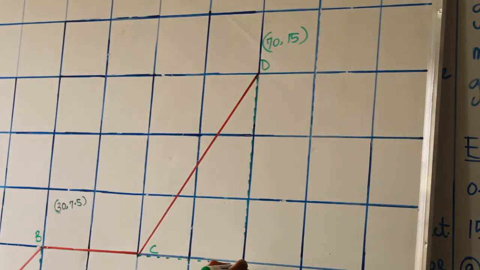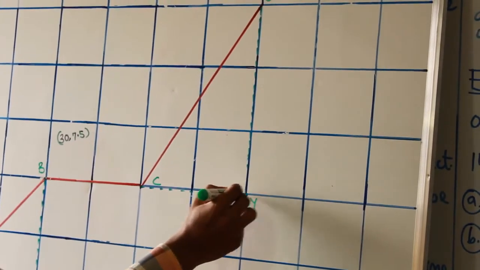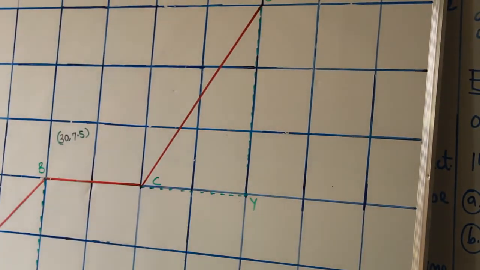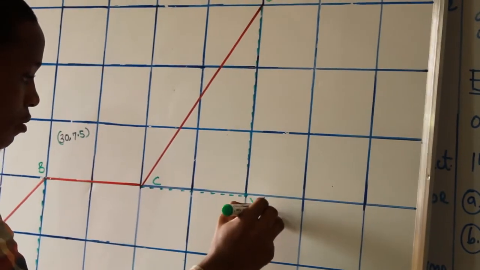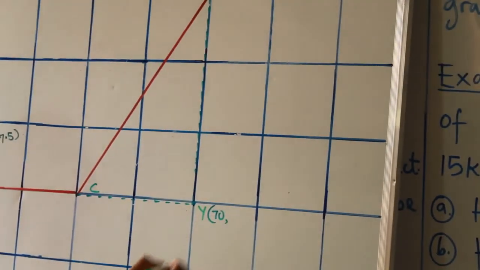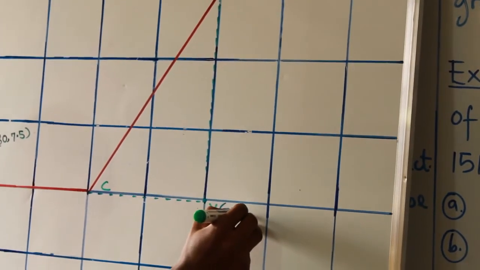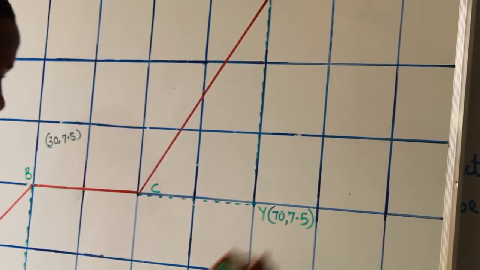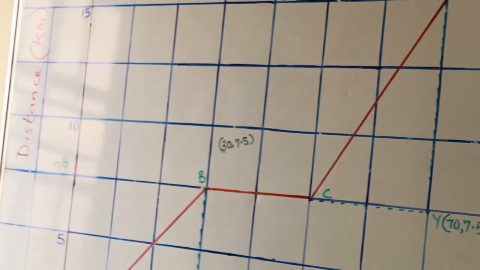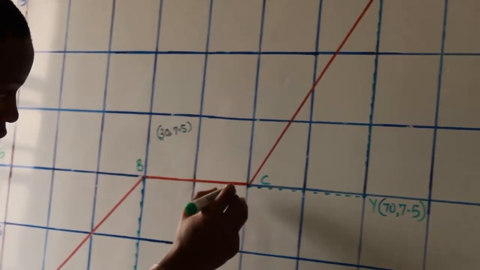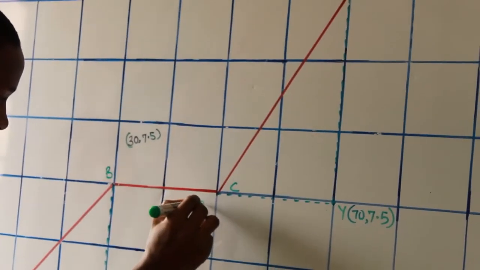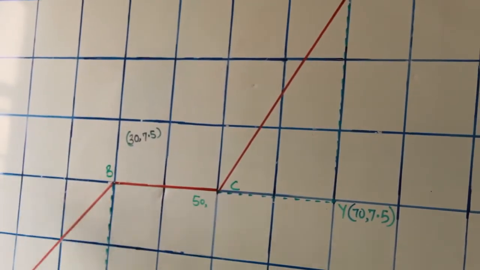And this I'm going to name Y, and that is 70, 7.5. And point C is 50, 7.5.